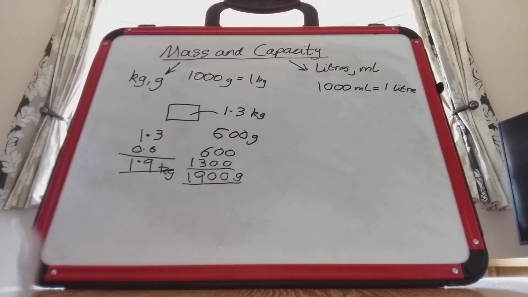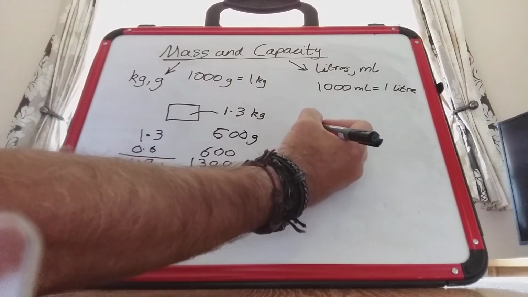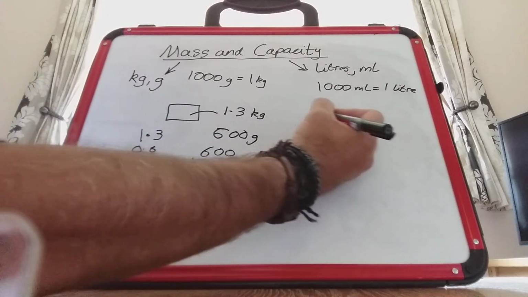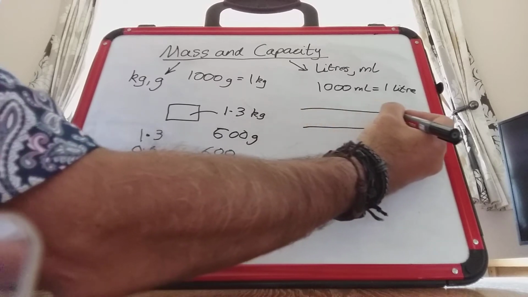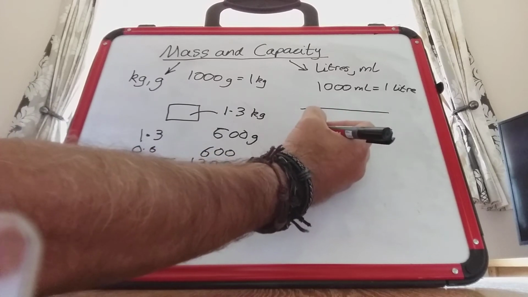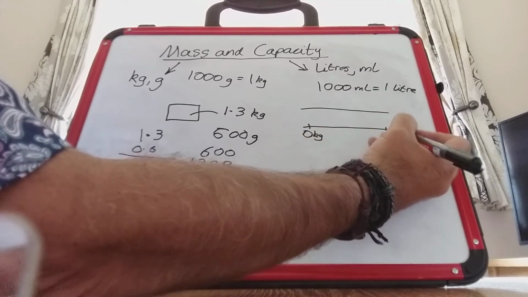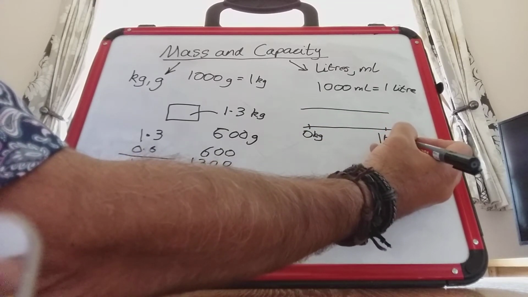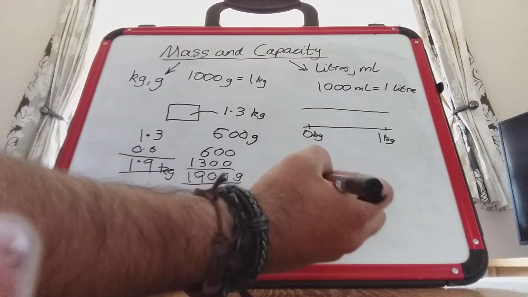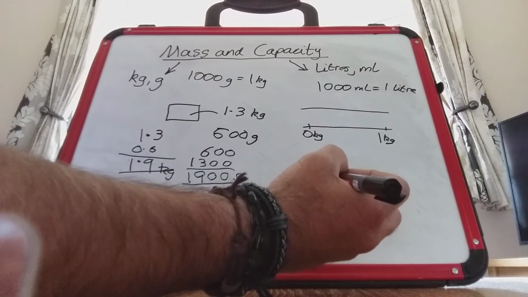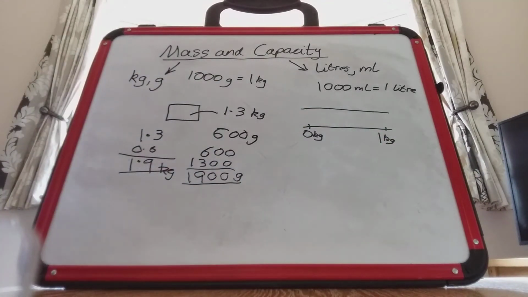Another question would be, they might have a picture of some scales and it might have 0 kilograms here and 1 kilogram here. No, I tell you what, let's do something different.